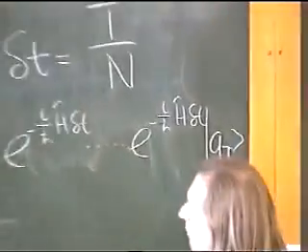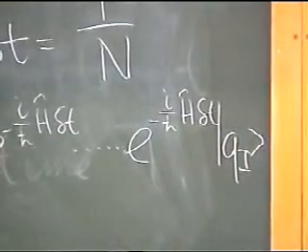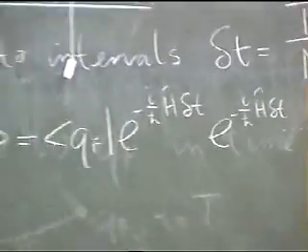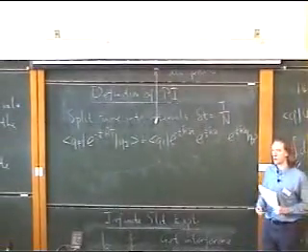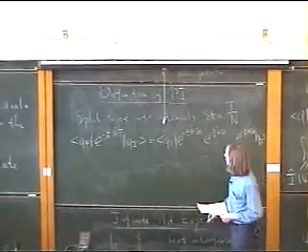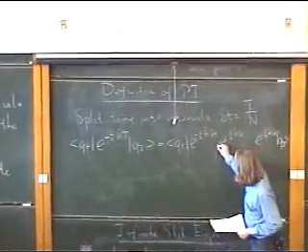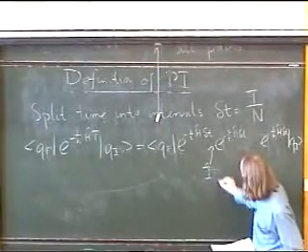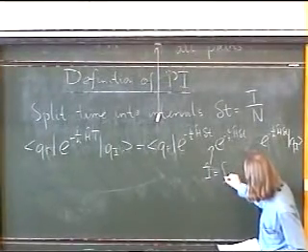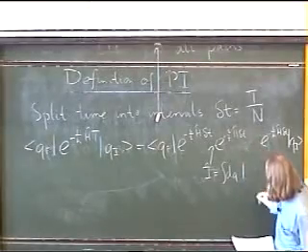Okay, now, how does that help us? Well, we're going to use our trick again of inserting this complete set of states or putting in the identity operator and using the spectral representation. So what I'm going to do is everywhere between two of these products stick in an identity operator in this form.